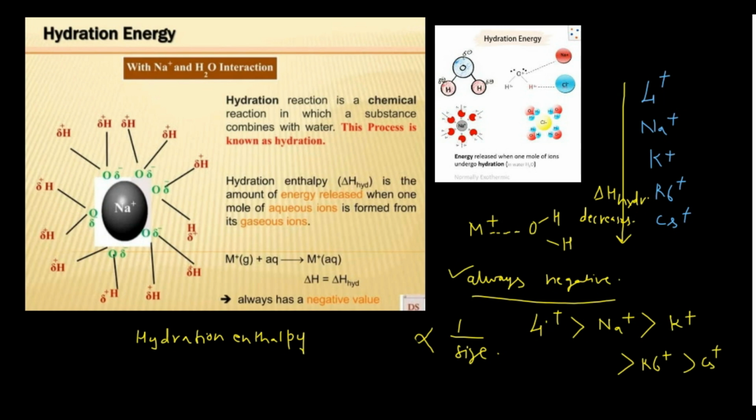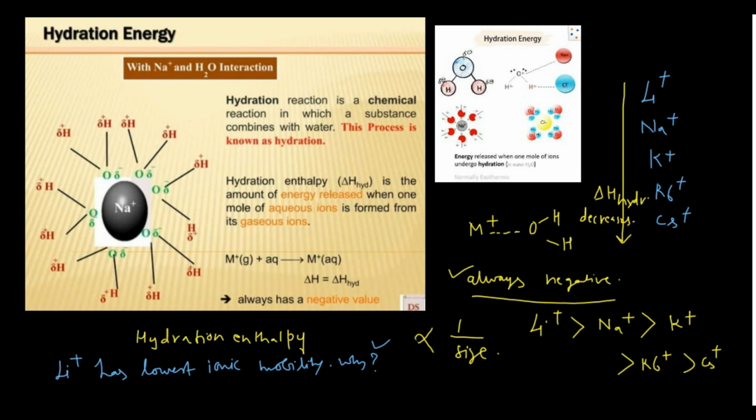This is something very, very important. Lithium positive ion has the lowest ionic mobility among alkali metals. Why is it happening?